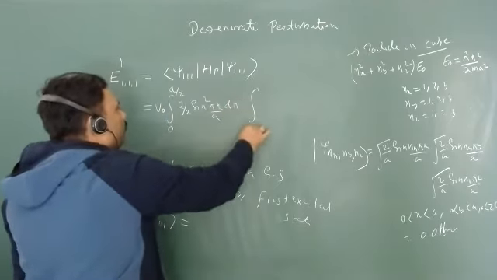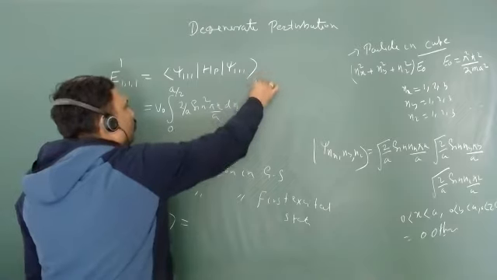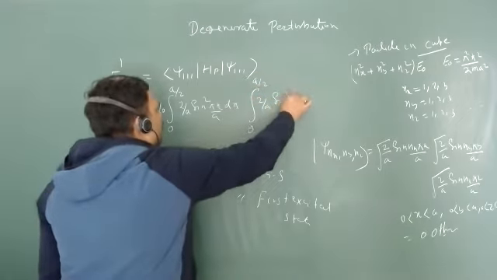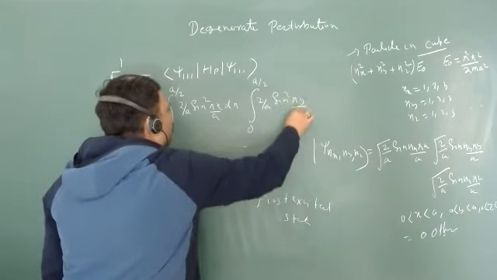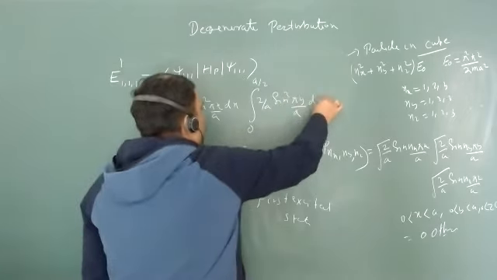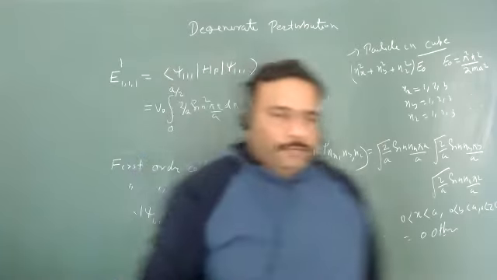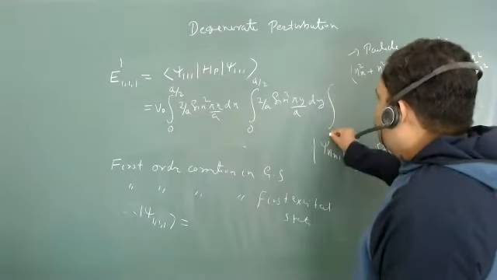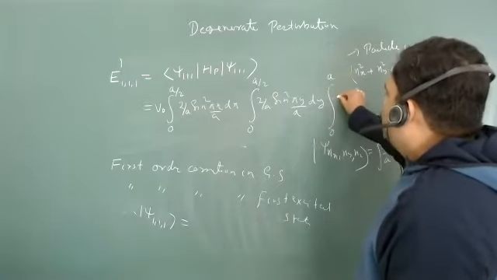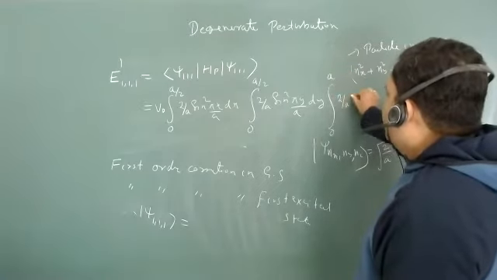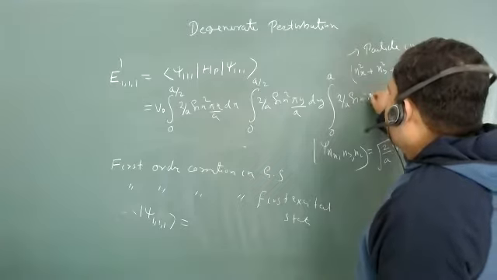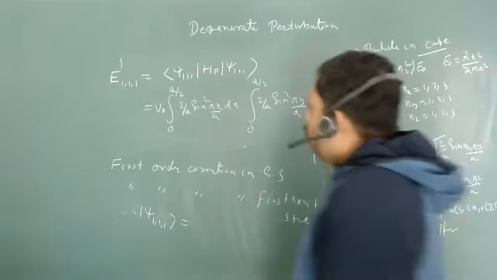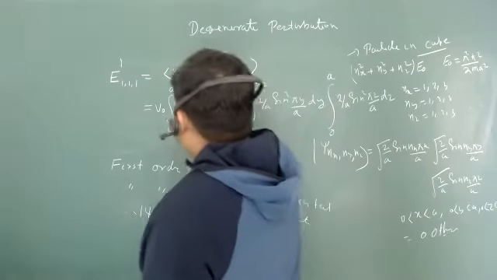The second part will be 0 to a by 2, 2 by a sine square pi y upon a dy. And what about z? You can see the perturbation. The z is from 0 to a, and that will be 2 by a sine square pi z upon a dz.